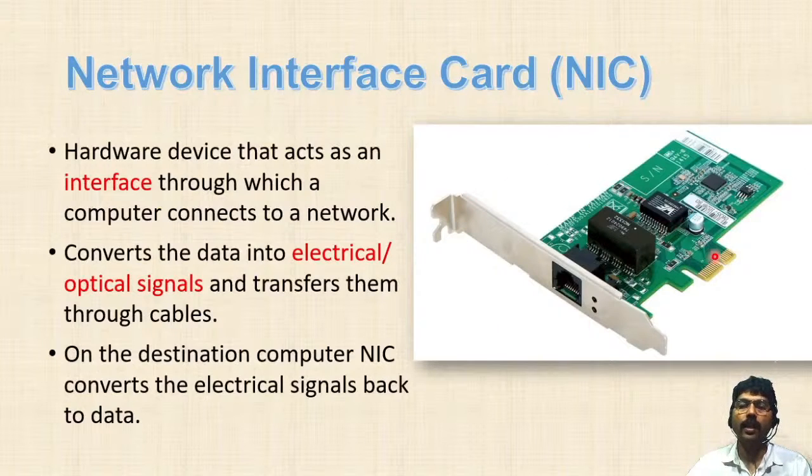We attach this expansion card directly on the motherboard, and here we connect an RJ connector port, which is on the backside panel of the computer. And in today's computers as well as laptops, the network interface card is on a chip or an IC, which is directly embedded on the motherboard.